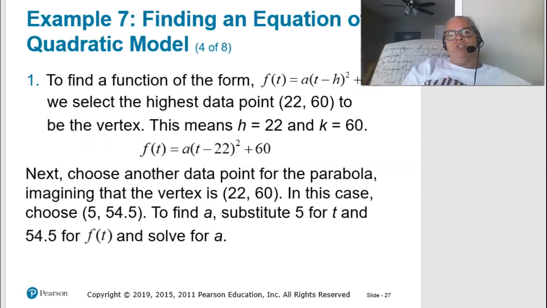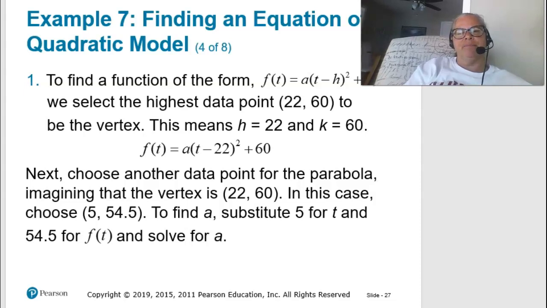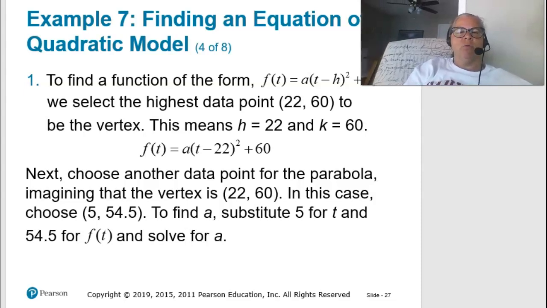So to find the function, we pick the highest data point we were given, which is (22, 60). We are going to assume that that is the vertex. So we plug 22 in for h and 60 in for k. Now we pick another point, randomly another point, and in this case they chose the point (5, 54.5). 5 is the x value or the t value, and 54.5 is the output.